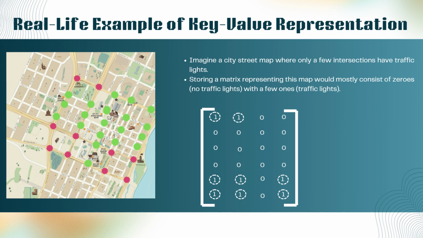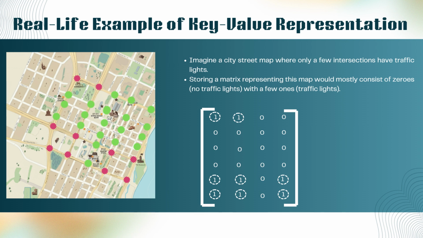Think of a large city map where only a few locations are significant, which are having traffic lights, and some locations are not having any traffic lights. In the picture, you can see some red dots and some green dots. Let us consider the red dots indicate the traffic lights and the green dots indicate no traffic lights.